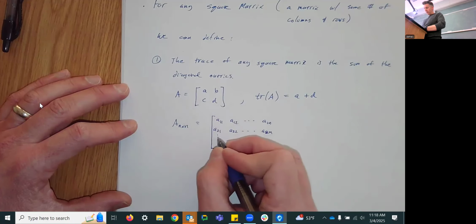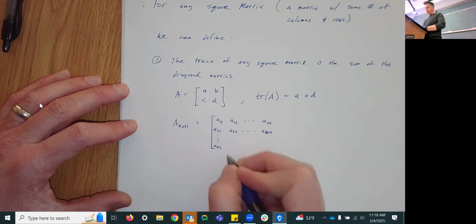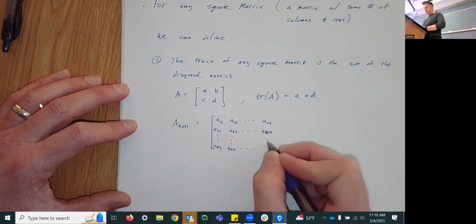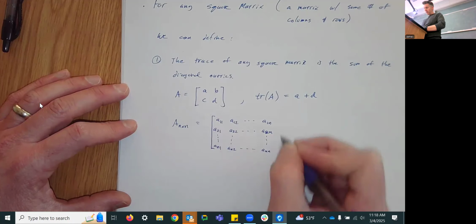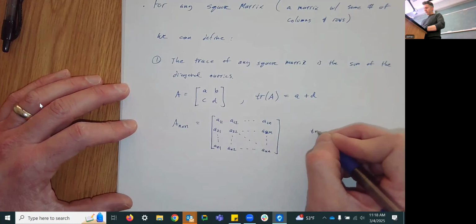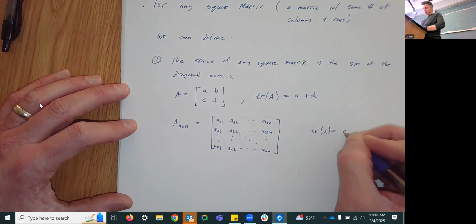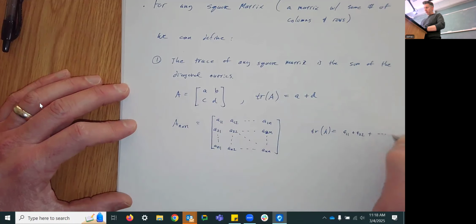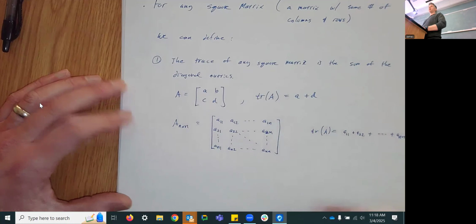And then we get down to the last row, which is the nth row, An1, An2, dot, dot, dot, all the way down to Ann. The trace of this matrix would be A11 plus A22 plus A33 all the way to the last Ann.